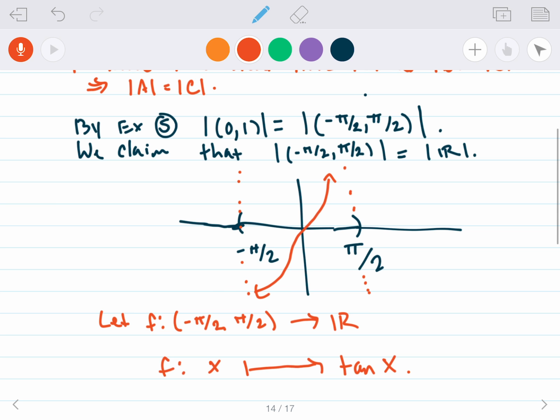And this is, again, not hard to show that this is bijective, but for the sake of not repeating myself too many times, we're not going to show that here.